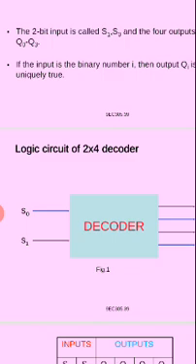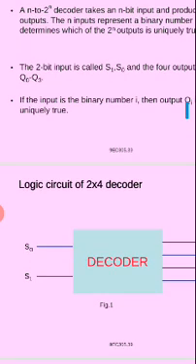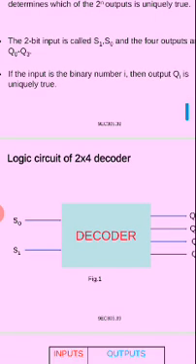Logic circuits of 2 into 4 decoder means 2 is the input lines, 4 is the output lines. Your input is 2, 2 power 2 is the 4 output lines it has.